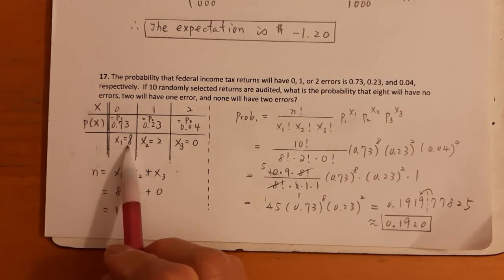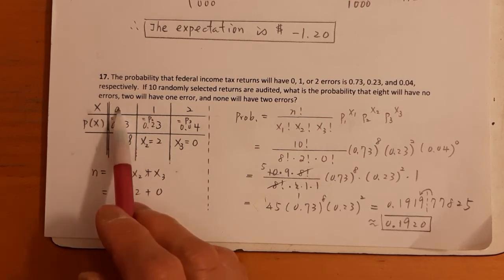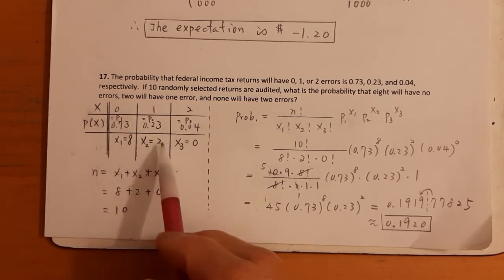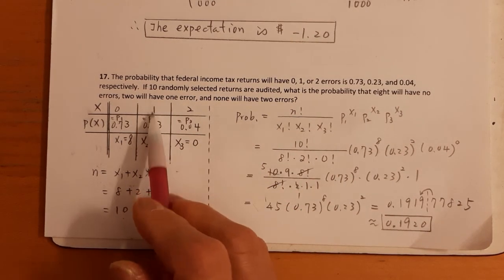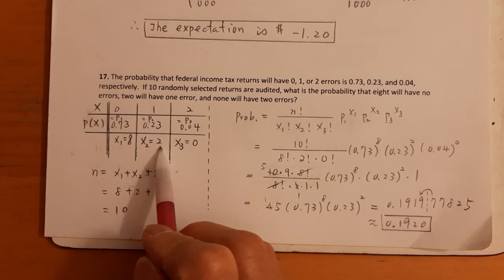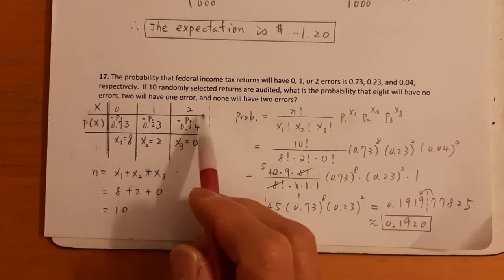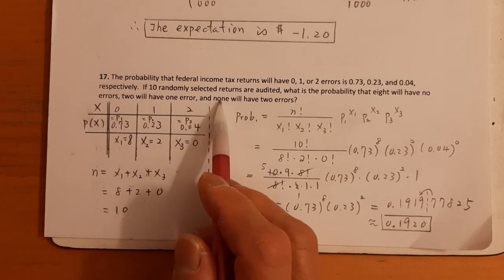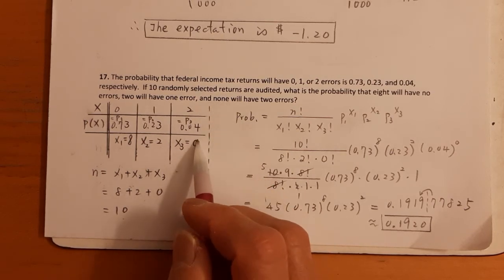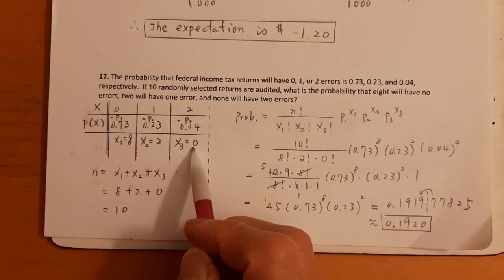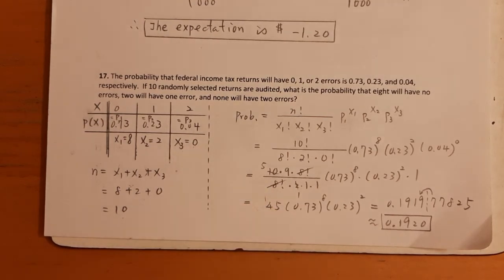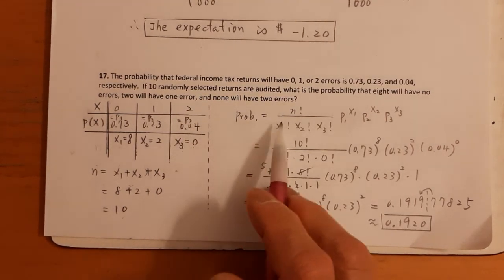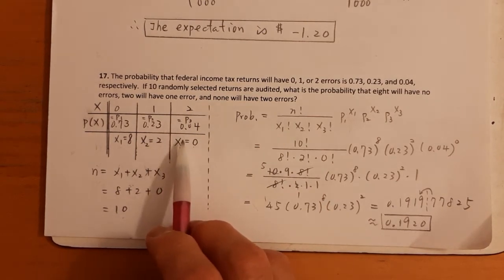So x1 equals 8, no error, 0 errors. And x2 is 2, 2 will have 1 error. And 2 errors, none, x3 equals 0. There are no 2 errors. And this one we call more than 2 options.